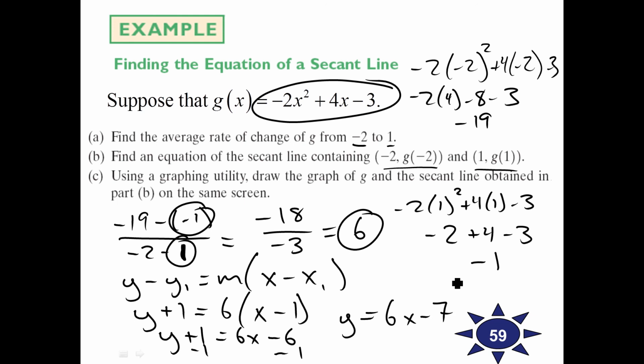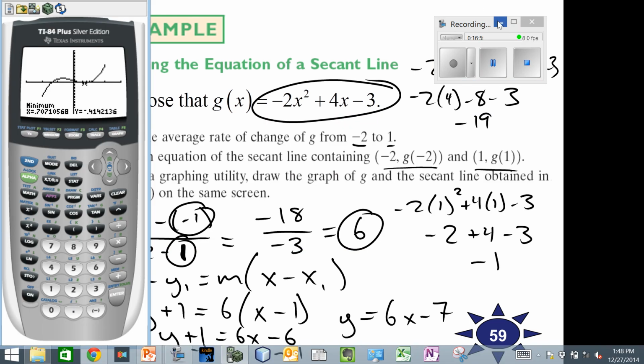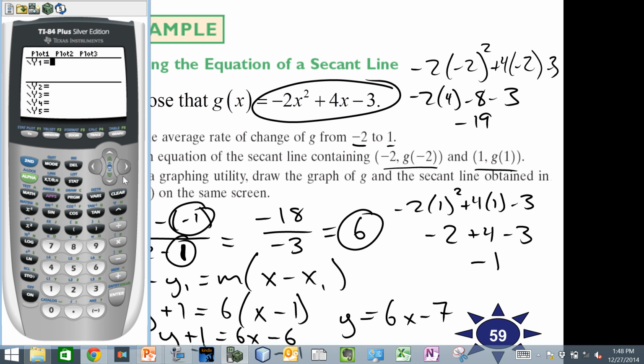And let's use the graphing utility, draw the graph of g and the secant line obtained in part B on the same screen. Okay, so here we go. Let's go back to our graphing calculator. There we are. Y equals, let's clear that out and plug both things in here.